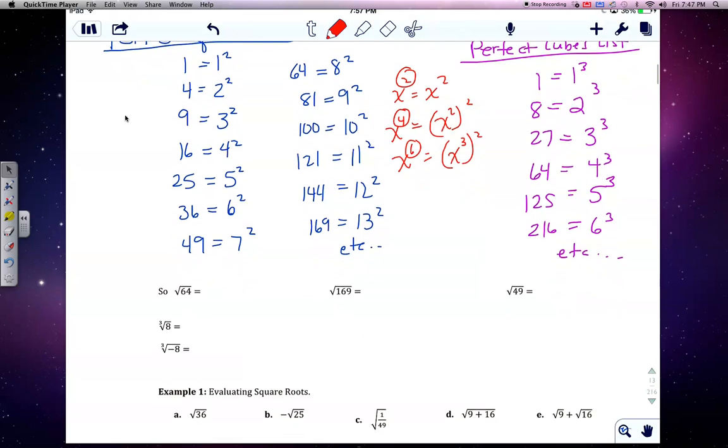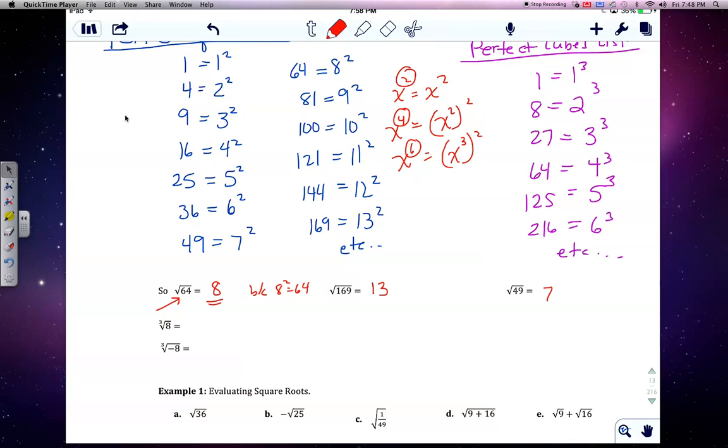Okay, so if we have the square root of 64, that's the same thing as 8. If you look at this list here, you see that 8 squared is 64. This is true because 8 squared equals 64, right there. Square root of 49 would be 7, and you can see that right here.